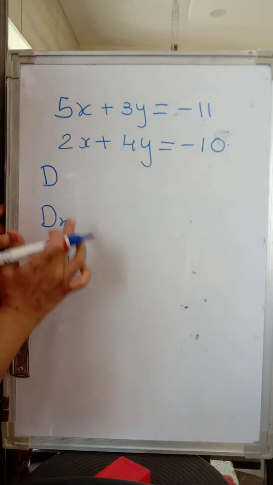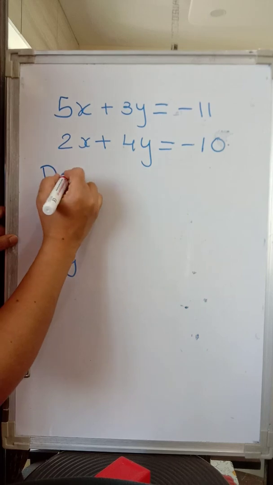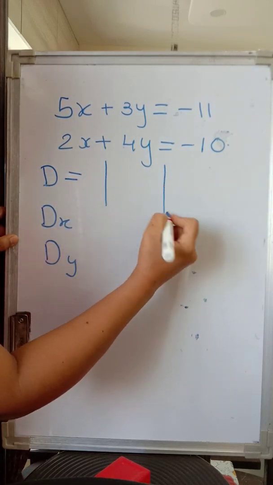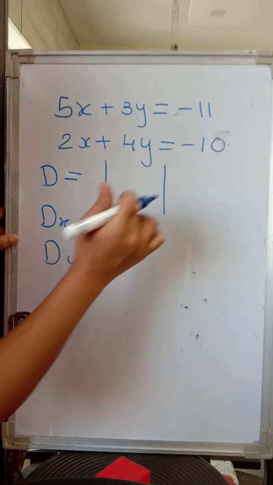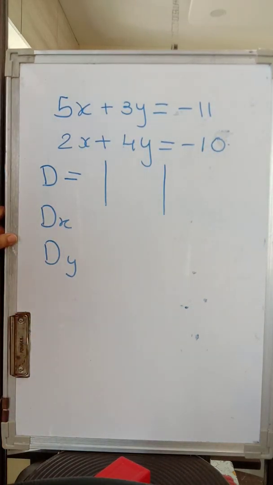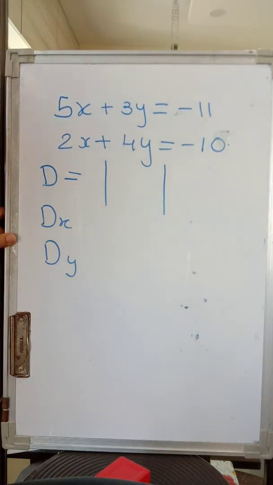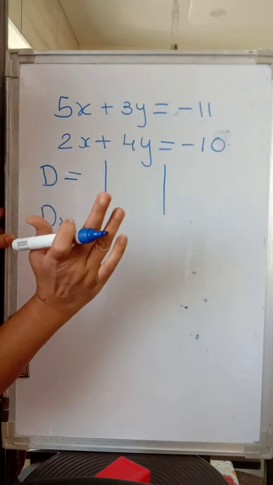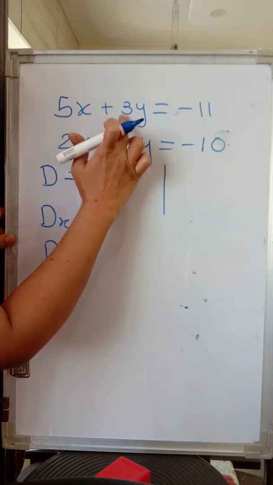Remember that to find the value of determinant d, we have to write 2 rows and 2 columns, a determinant where these constant terms are omitted. Are you understanding me? We are going to omit the constant columns. So minus 10 and minus 11 we omit, and we write only the coefficients of x and y.